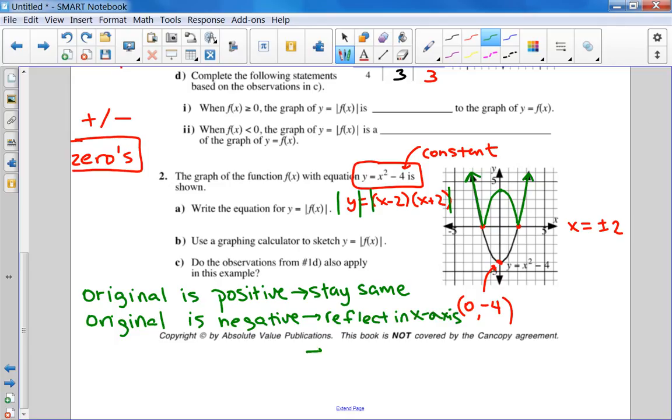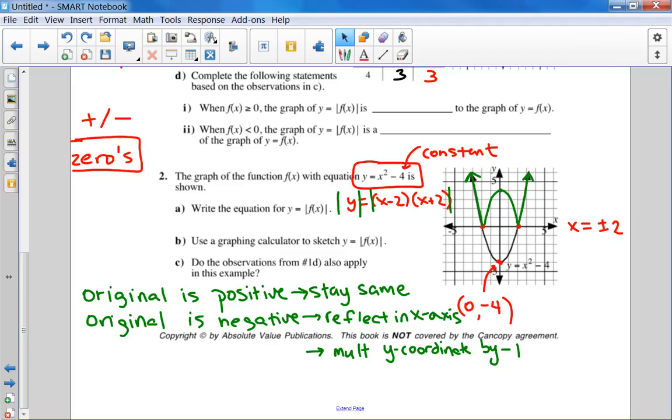You can also say multiply y coordinate by -1. It's going to do the same thing. So just take down those notes, and then we're able to do these questions. This is all this lesson is. It's pretty straightforward. It's a very short lesson.